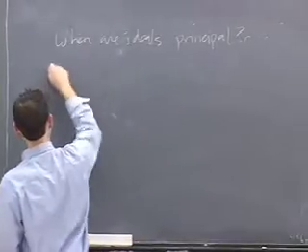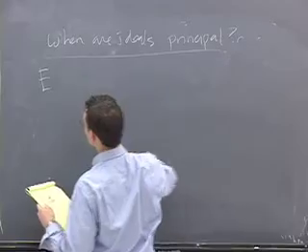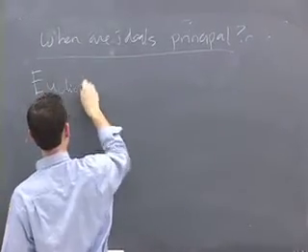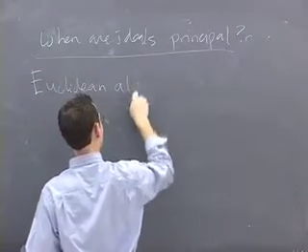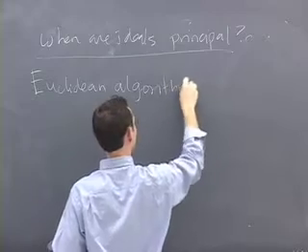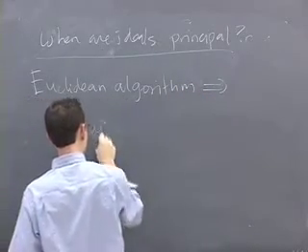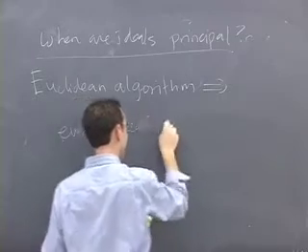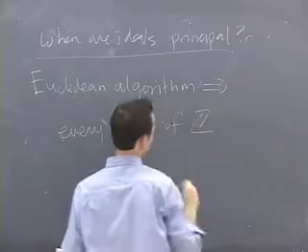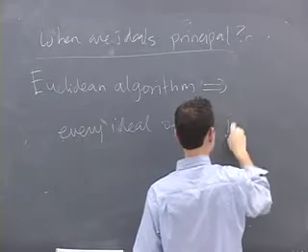The Euclidean algorithm implied, for instance, that every ideal of the ring of integers is principal.